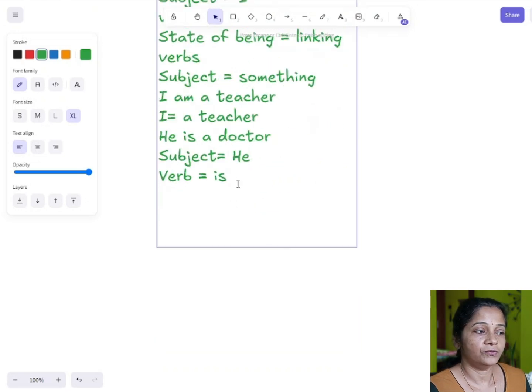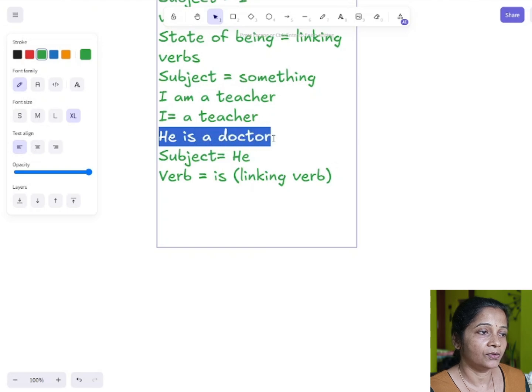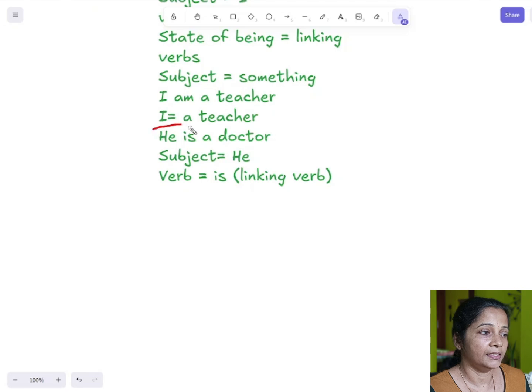And now you say what kind of verb is. This is a linking verb. Obviously this is a linking verb because it is not showing any action. He is a doctor means what? He is not doing anything. He is just a state of being.